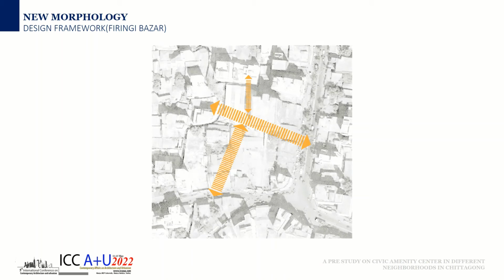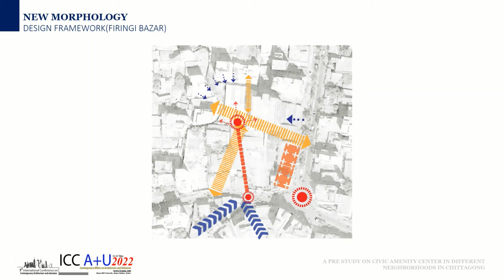As you can see, the functional linkage or permeability is ensured. By ensuring the access, we found a node, and there were two previous nodes in the site area. We tried to connect the nodes and then move around from the area, and these are the approaches towards the site, and these are the pedestrian approach or the minor approaches from the surrounding areas.